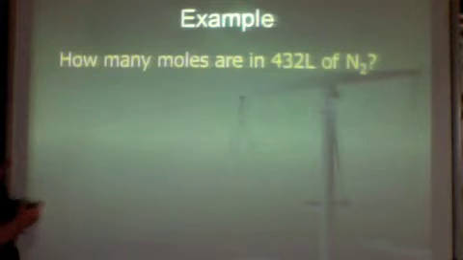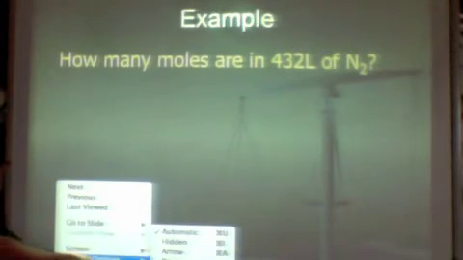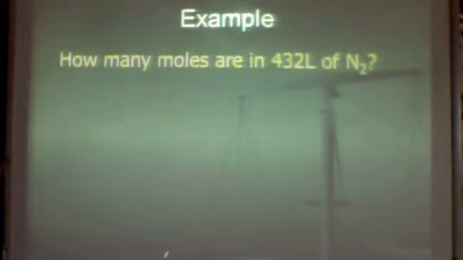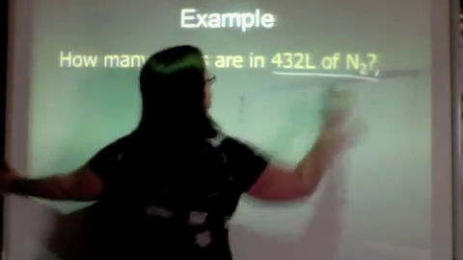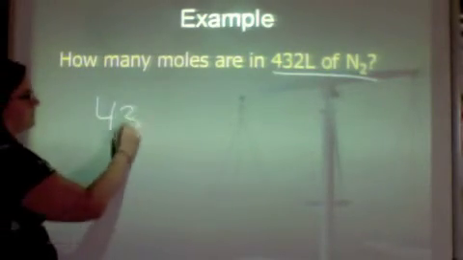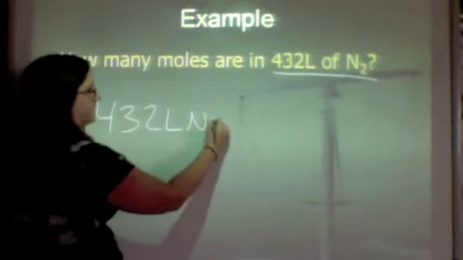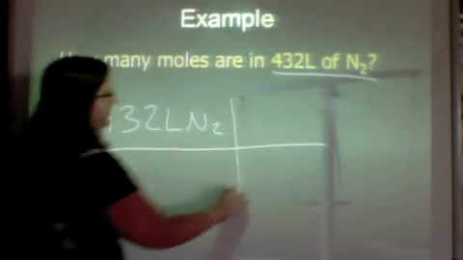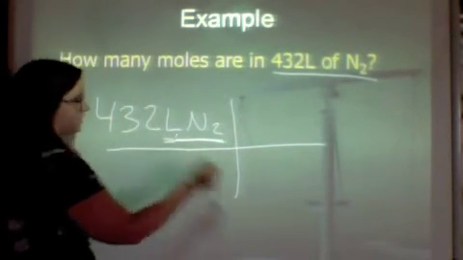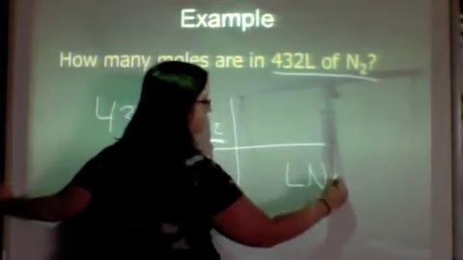Okay, so our last example, same sort of setup here, but this time we're starting off with 432 liters of N2. So the same thing, whatever's here goes to the bottom because we're trying to get rid of it.